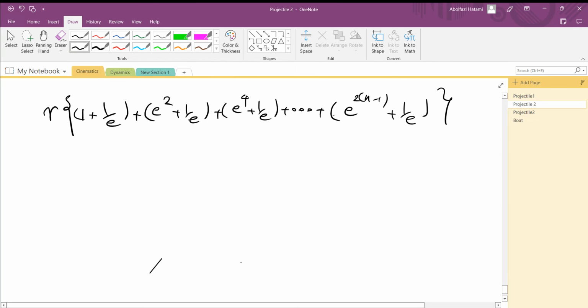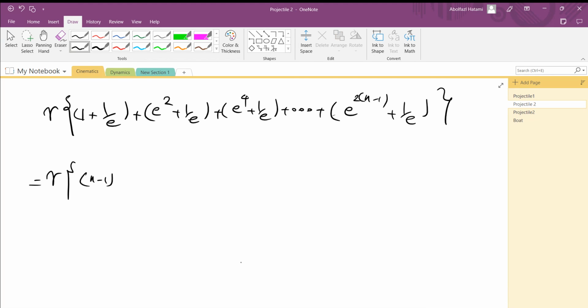I can write it as gamma times n minus 1 over e plus 1 plus e2 plus e4 until e to power 2n minus 2.